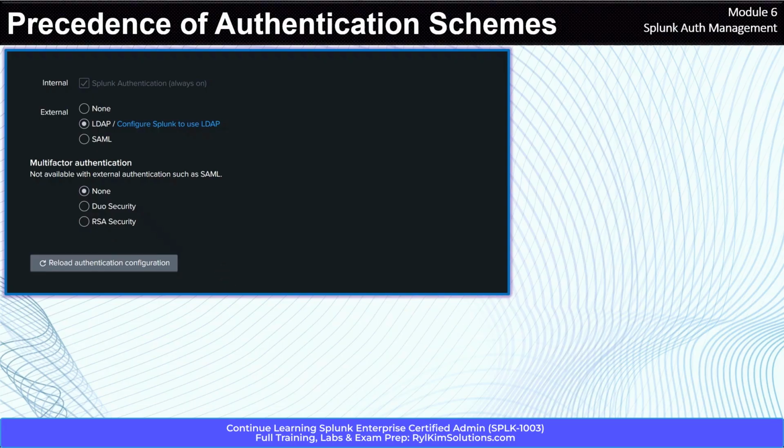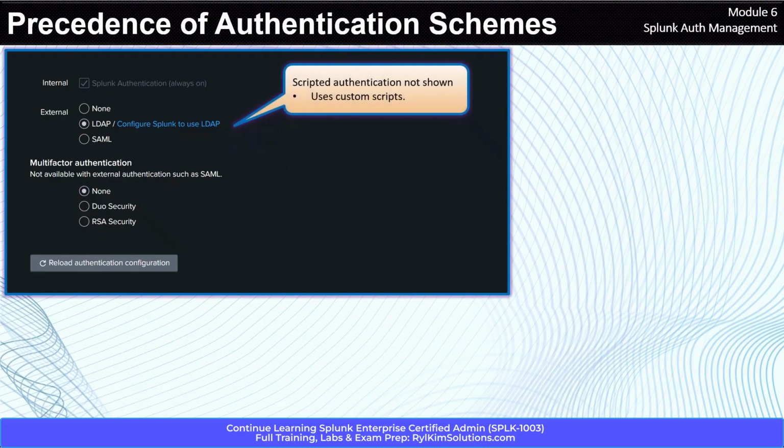Now, what you notice is that there is something missing. We also talked about scripted authentication, but you don't see scripted authentication shown there. Why? Because this authentication type uses custom scripts. So it is not just built into the Splunk software. You are going to write custom scripts to connect to those external authentication systems like we saw, the PAM and Radius.